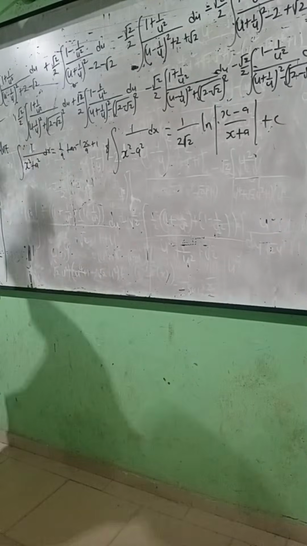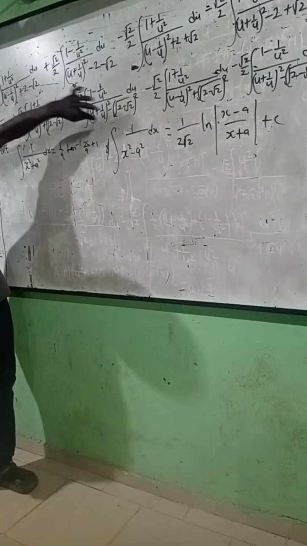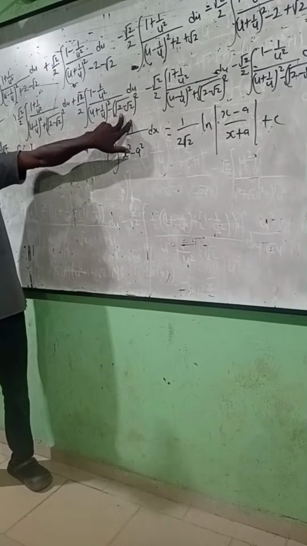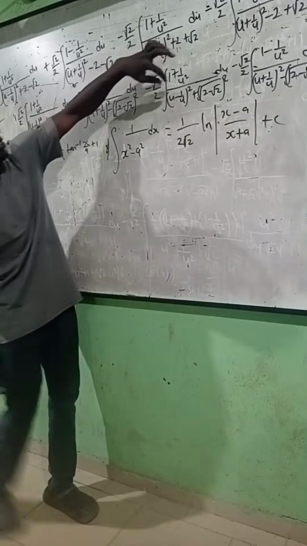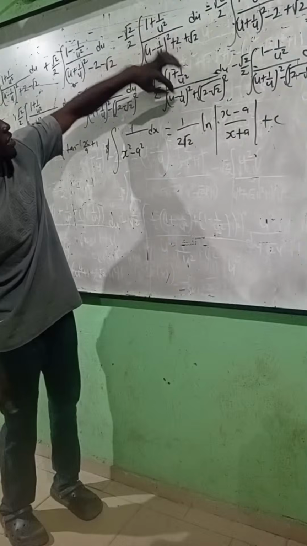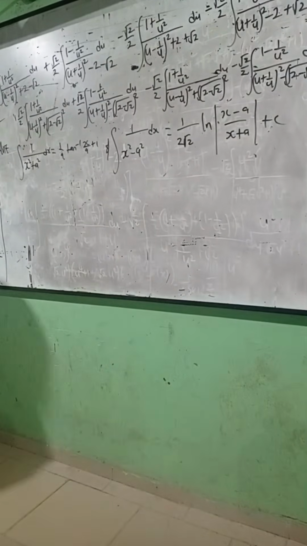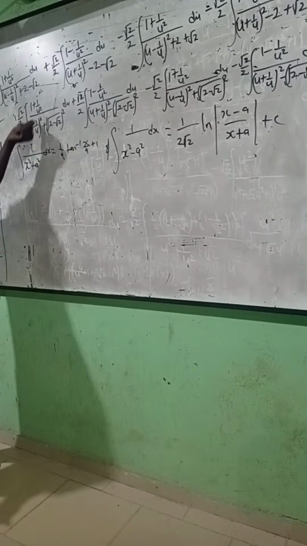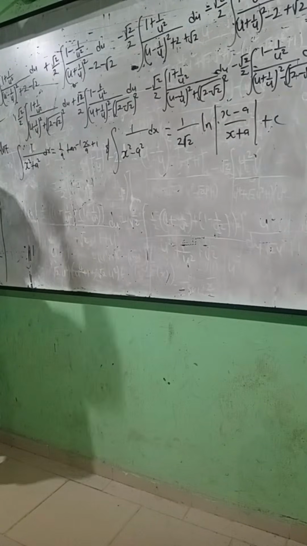So let's check if the derivative of this is equal to this. The constant is not what we are talking about, the variable is. Now let's check: if you differentiate u minus 1 over u, will you get 1 plus 1 over u squared? If you differentiate u, you get 1.